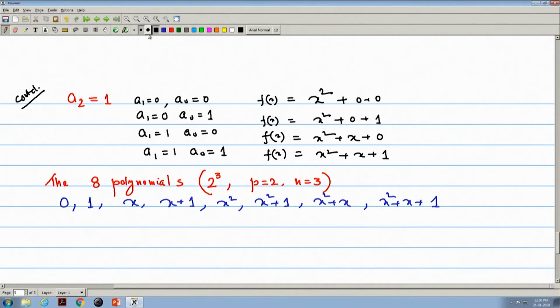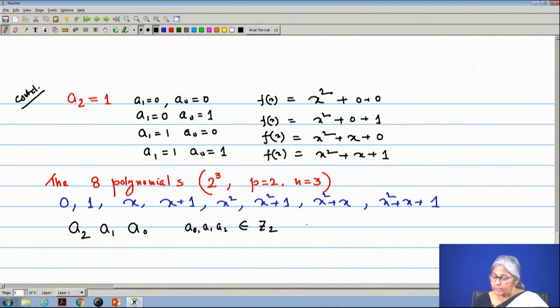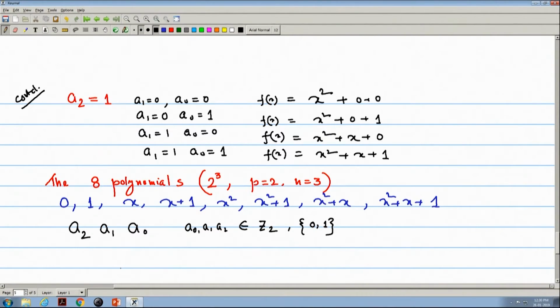These a0, a1, a2 can take values from Z2, because my p equal to 2, that means 0 and 1. If I take all possible values, there are 8, from 0 0 0 to 1 1 1.